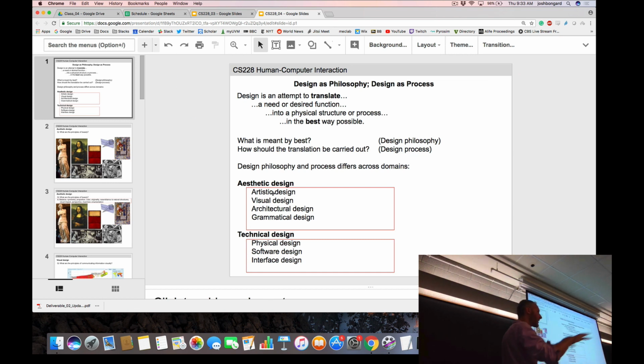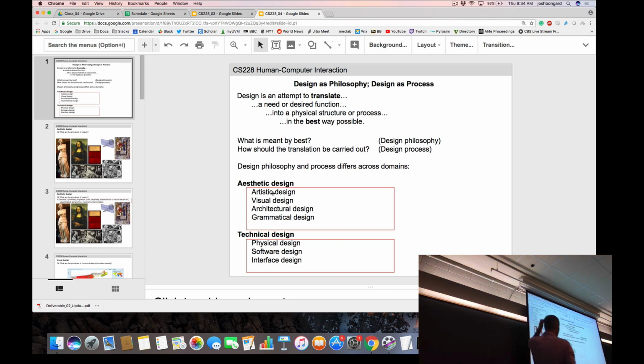And how do we take that need, which is often ill-defined, and a big aspect of design is describing precisely what that need or desired function is, and turning it into a physical structure or process. And in our case, it's going to be turning it into hardware, software, interfaces, and algorithms.